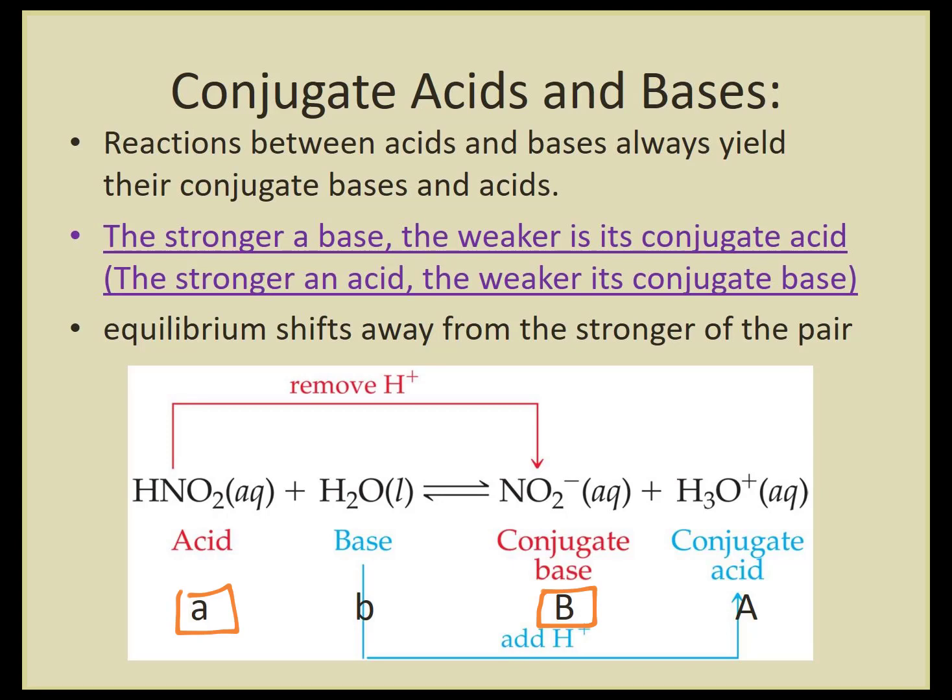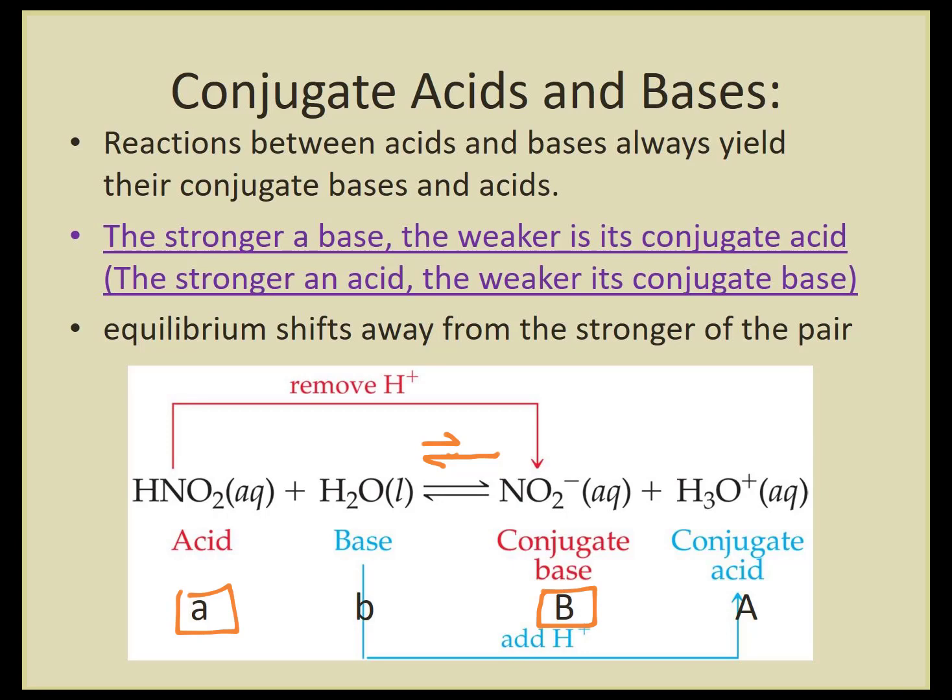So I can rewrite this little double arrow showing this. I can see a very strong reverse reaction, and then the forward reaction is not as strong. So a weak acid always becomes a stronger conjugate base, and vice versa.